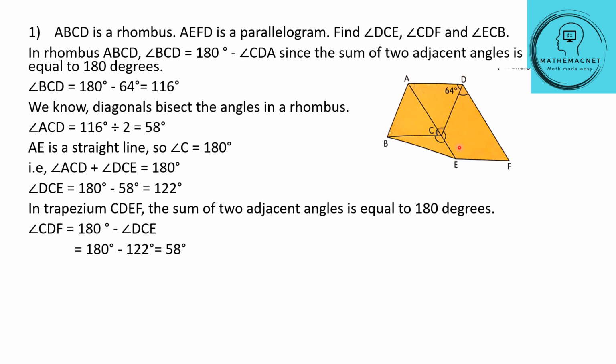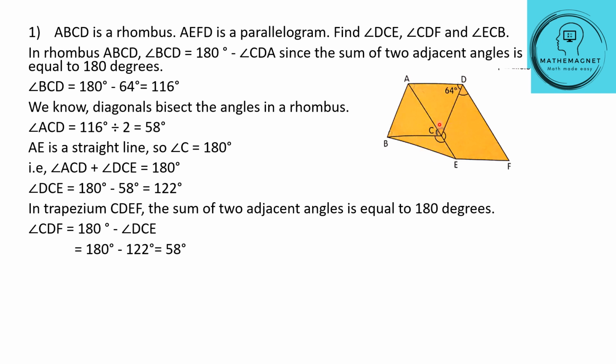Now the third angle is ECB. Now we know angle BCD is 116, which we found here, and we know angle DCE is equal to 122 degrees, and we know sum of all angles at a given point is equal to 360 degrees.